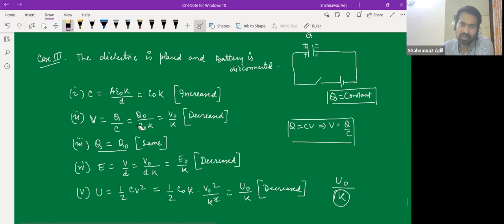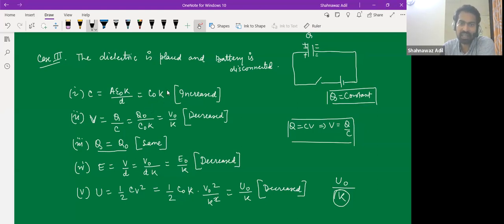These are two different quantities, so how can we compare them? I mean if capacitance is decreased, then the voltage will be more. Yeah, of course.